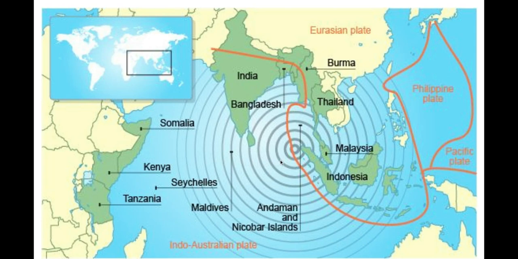And you can see that the epicenter of it hit right in here. So the hardest hit areas for this tsunami were everything closest to this center. So you can see Indonesia and Thailand are going to be the hardest hit countries for this, and Malaysia for this tsunami.